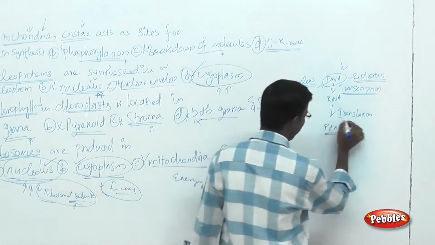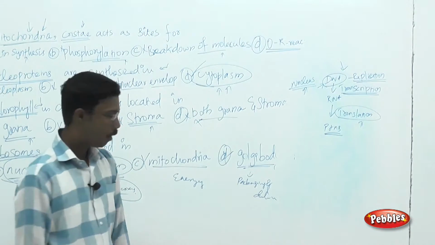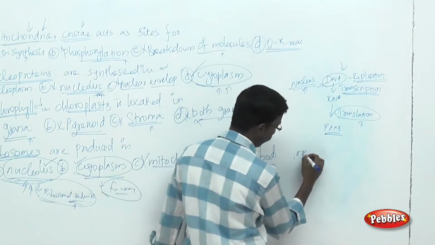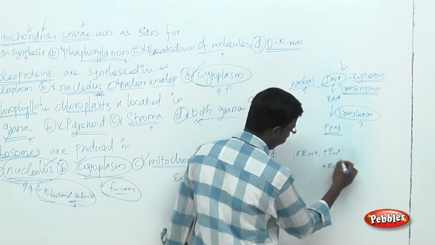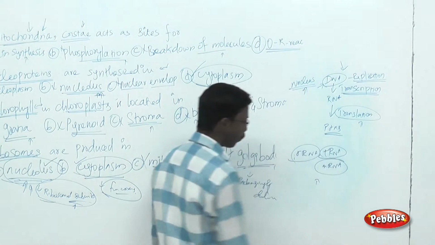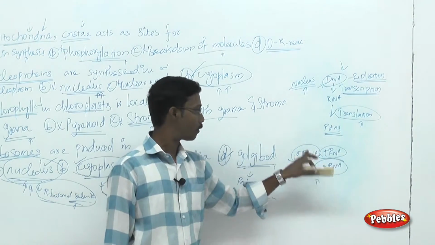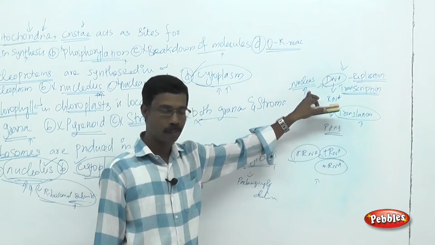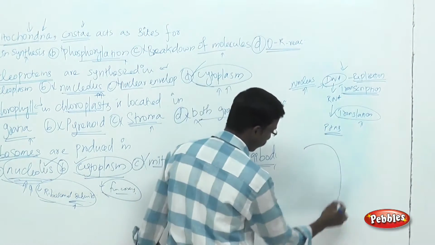Okay. Translation. So what are the major molecules you require for translation? All three RNA molecules, that is rRNA, tRNA, mRNA, and some other proteins. All the RNAs are synthesized within the nucleus, and this is the most confusing part you have to remember.